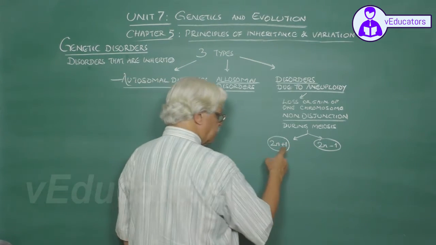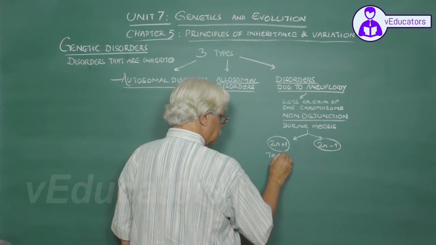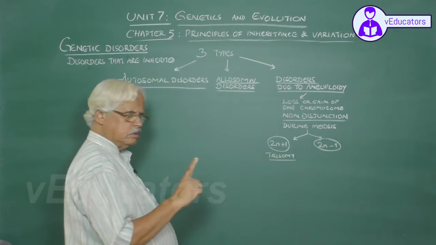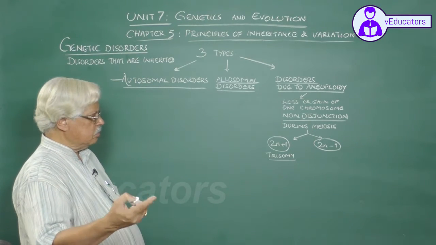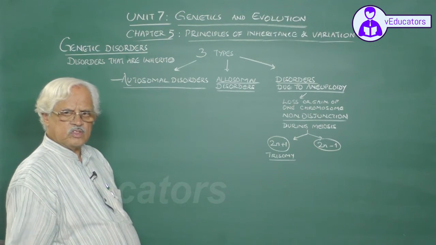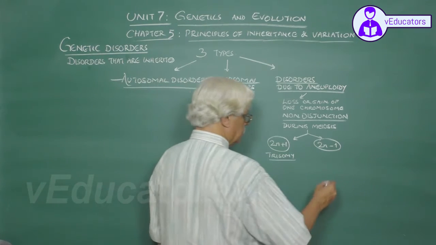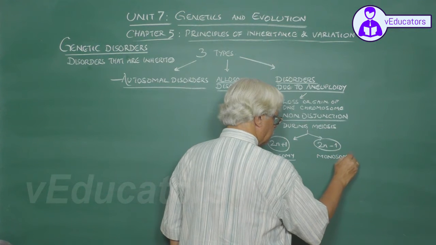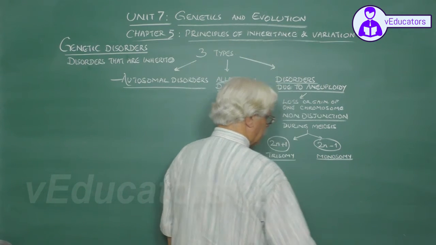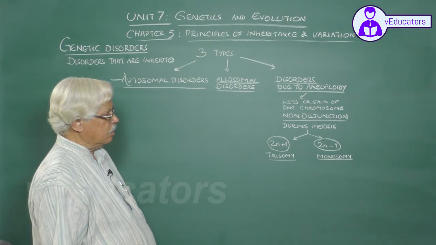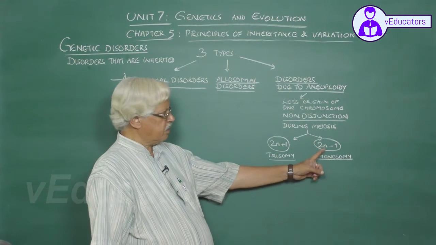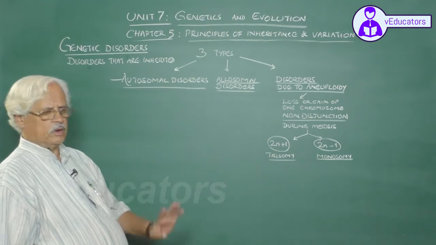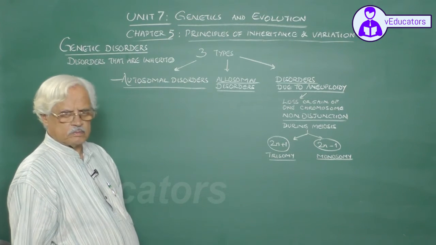Where there is a gain of one chromosome, it is called trisomy, because in one pair, in place of two homologous chromosomes, three homologous chromosomes will be present, and when there is a loss, it is called monosomy, 2n minus 1, where in one pair of chromosomes only one homologous chromosome will be present, the corresponding pair will be absent.